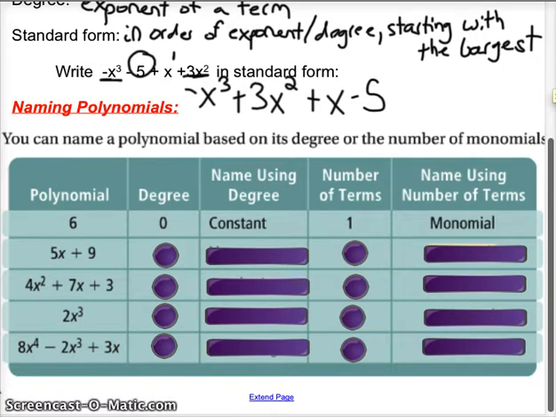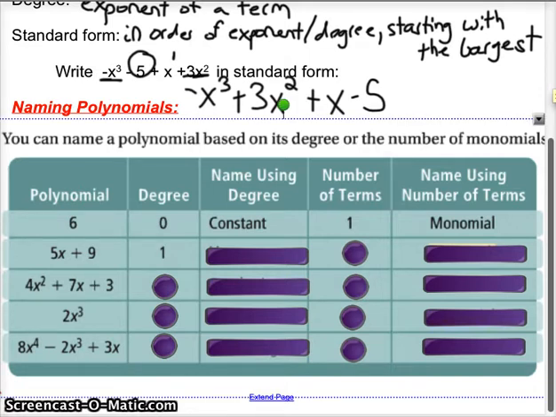Now, because of the x there, the degree of that polynomial is going to be 1. When we're talking about degree of the polynomial, you're talking about the largest degree that you see, okay? So the degree of any individual term is its own exponent. The degree of the polynomial is going to be the largest one that you see.